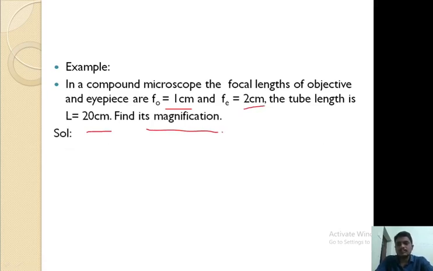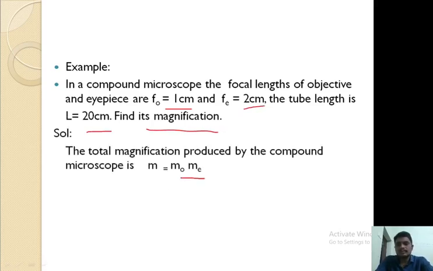So what is the formula? M equals M naught into ME. The magnification produced by the objective lens is L by f naught, and for the eyepiece it is d by fe. So L by f naught into d by fe, and what is d here? The near point is fixed. It is about 25 centimeters.